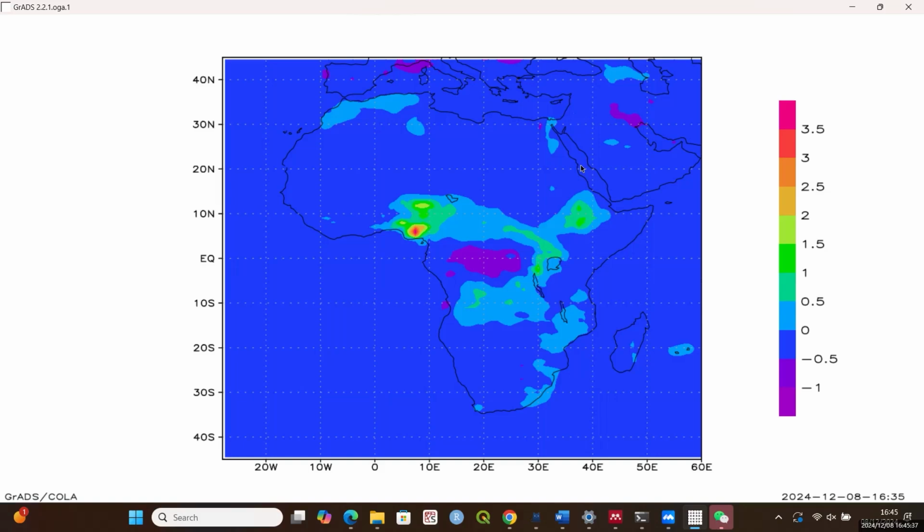If you see the negatives, it means your forecast is underestimating on that region. Okay, so now you can see here over central, it means our model or our forecast is underestimating the values.